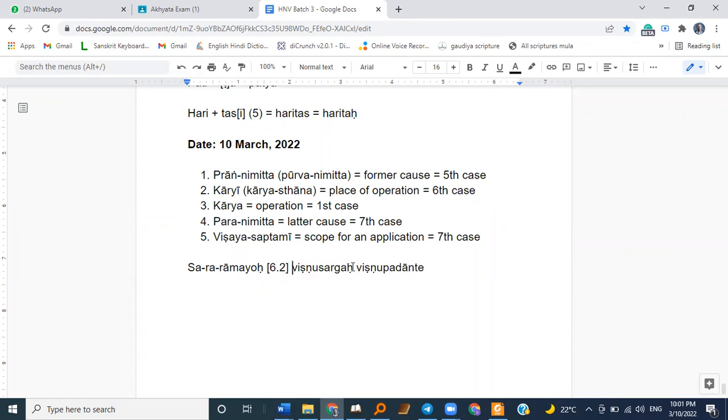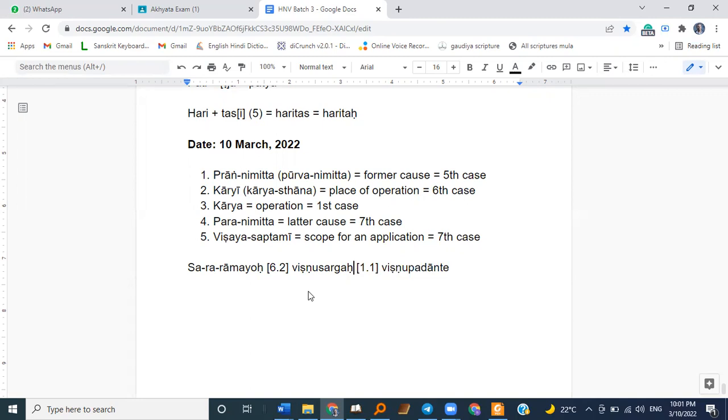Okay, 6.2. So Sara Ramayoh is the Karya Sthana, because either Sa or Ra Ramas convert into Vishnu Sarga, right? So they are the place of operation. Then Vishnu Sarga is which case? 1. Pratama. So Vishnu Sarga is the operation.